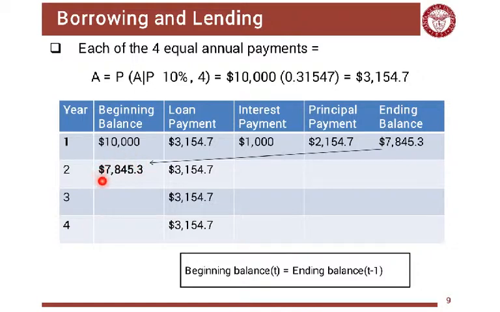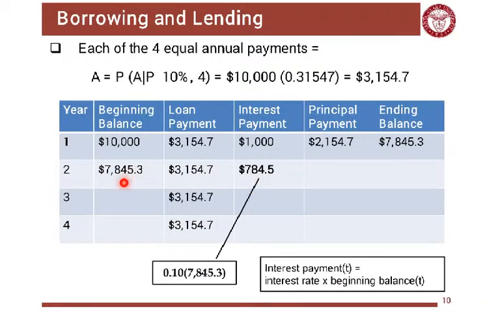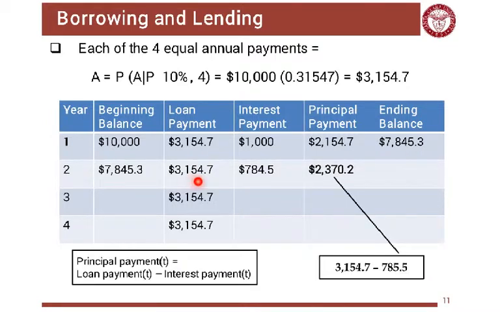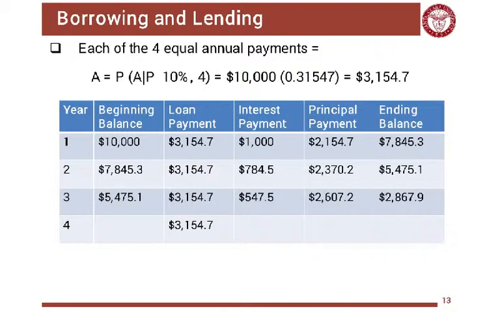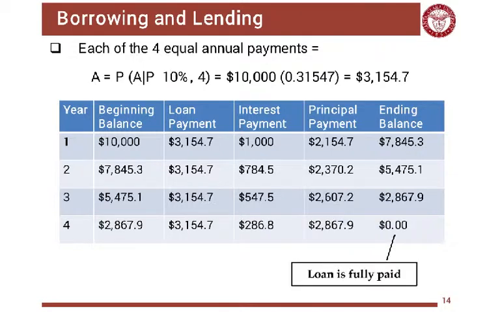So this beginning balance is used to calculate the interest of this year. 10% of that will be the interest payment, and the difference between the loan payment amount and the interest payment will be the principal payment. Then the beginning balance minus the principal payment gives you the ending balance. You copy it and keep going with this process of differentiating between the interest payment and the principal payment.